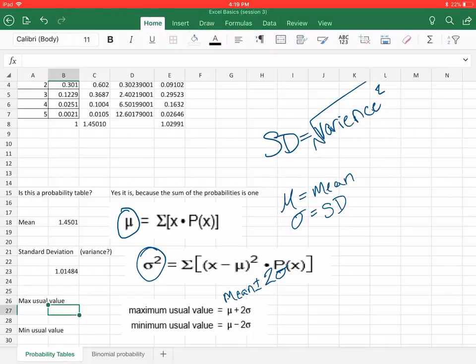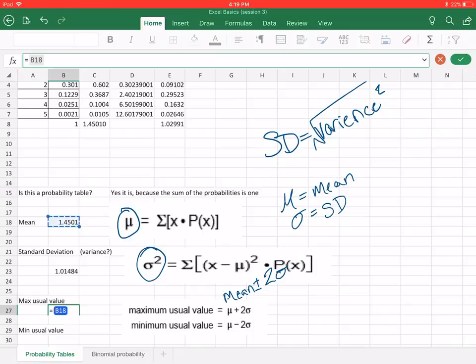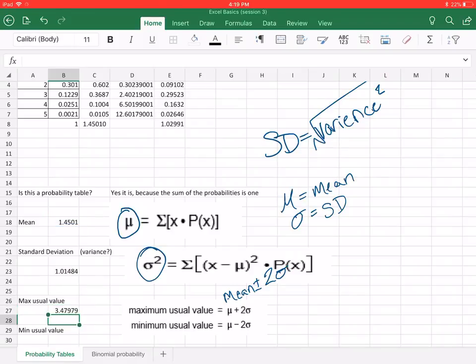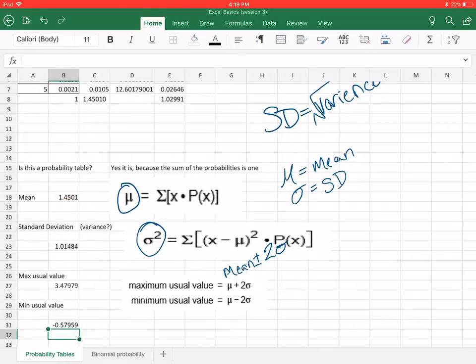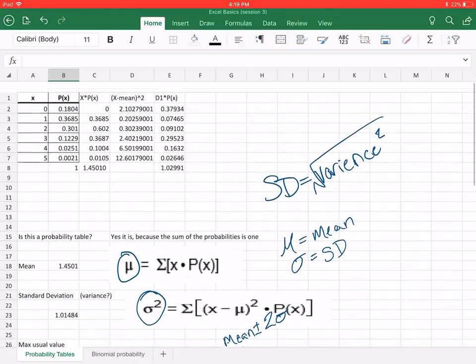Alright, so if we do our maximum, it's going to be equals the mean, so we already have our mean put someplace, plus 2 times the standard deviation. Just hit enter, and that's the maximum usual value. You're going to do the same thing except minus for the minimum. Equals the mean minus 2 times standard deviation. There we go. And that's the minimum usual value.